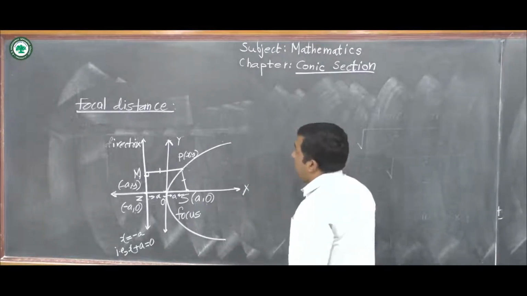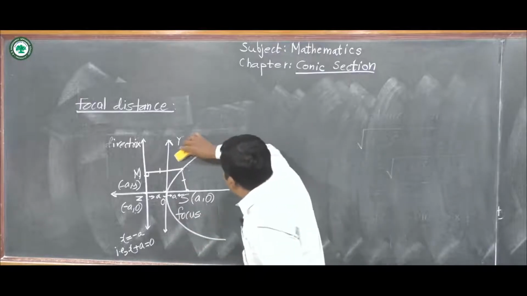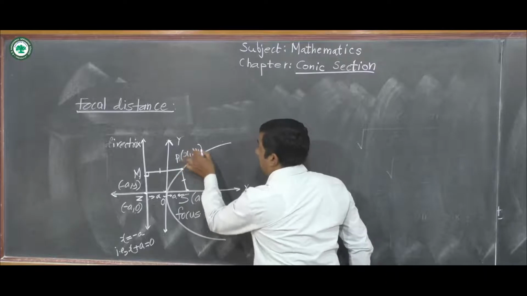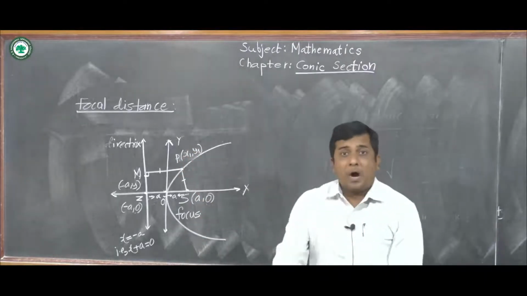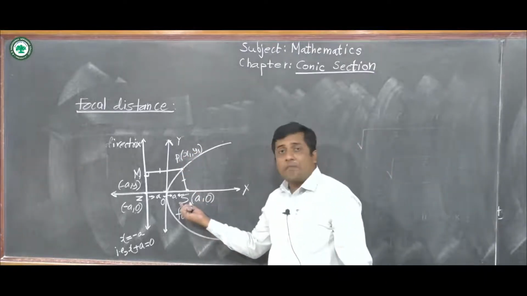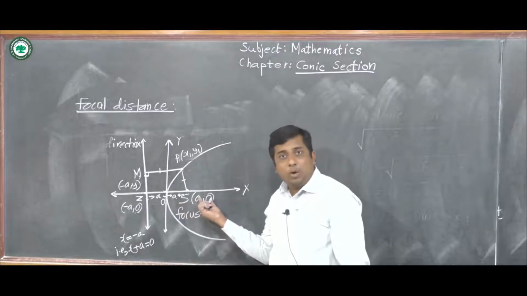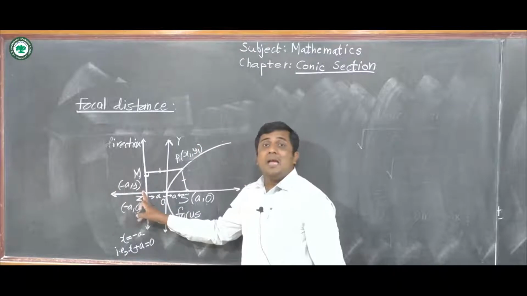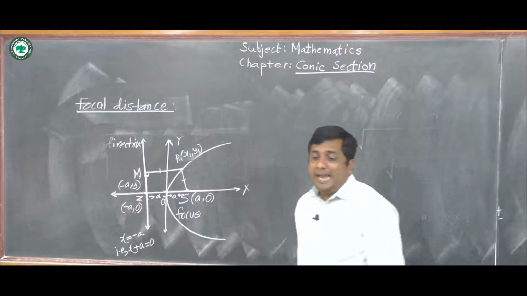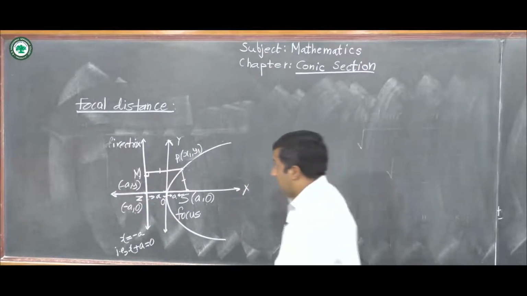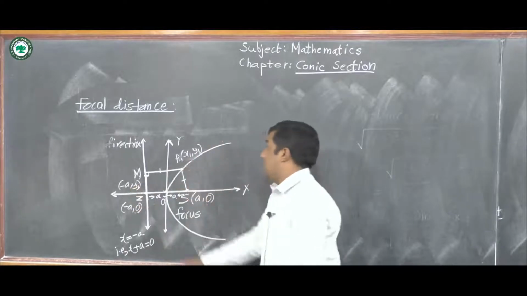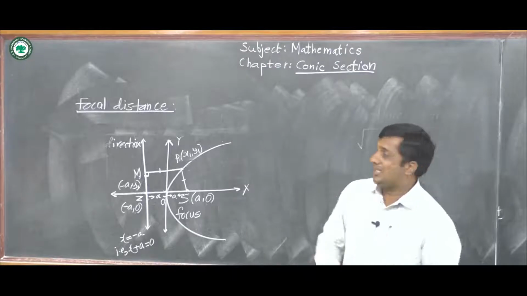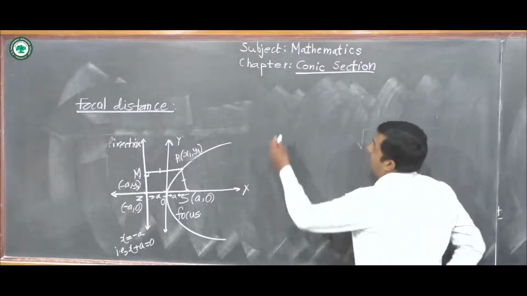Suppose coordinates of point P are (x1, y1), coordinates of S are (a, 0), and coordinates of M are (-a, y1). So directly by using the focus directrix property we get the focal distance.